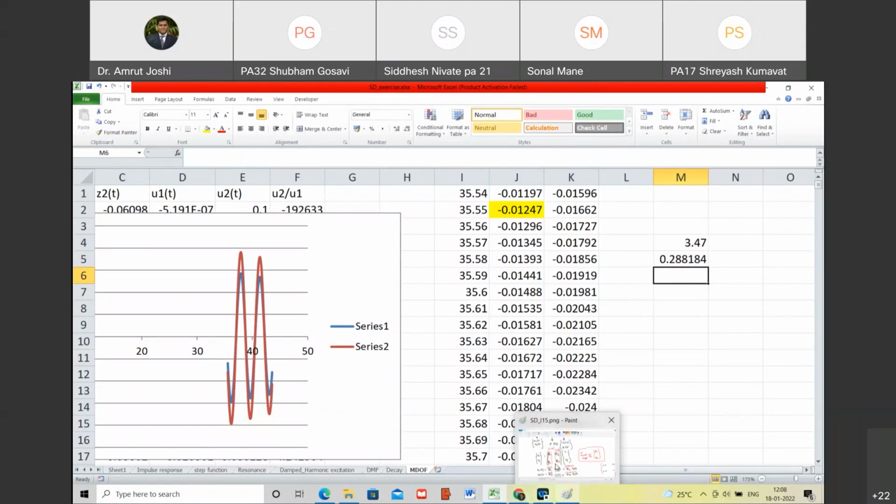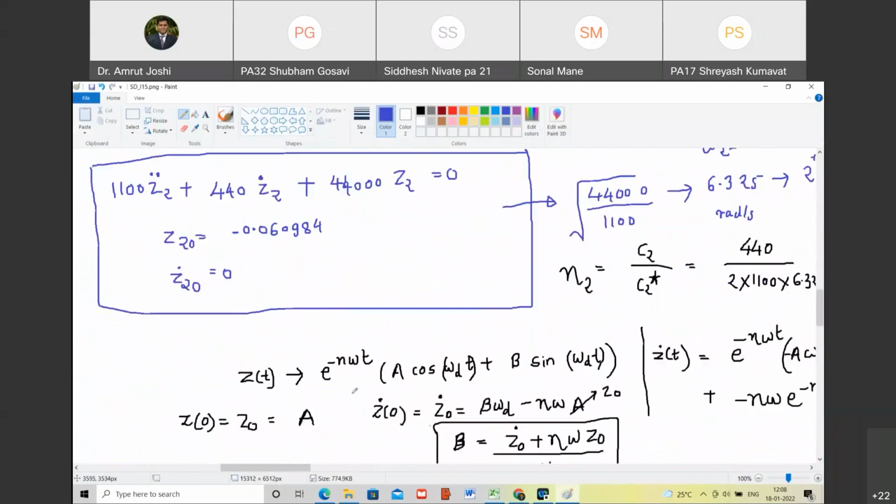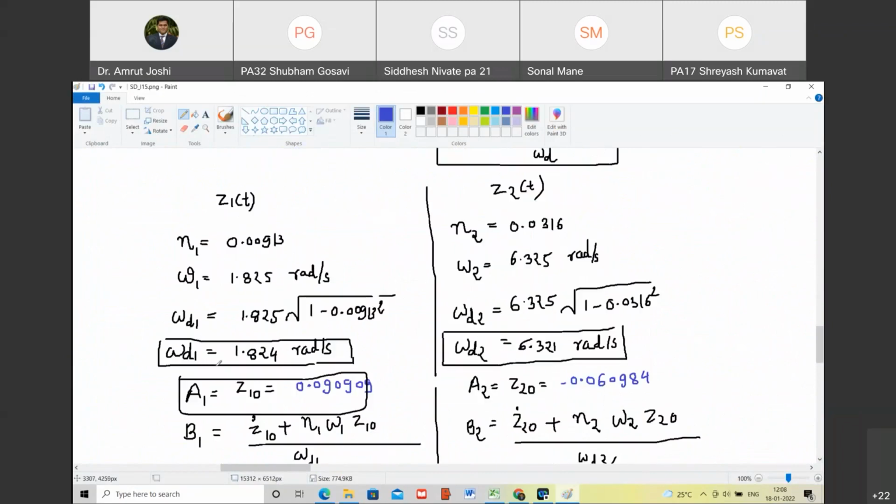Let us look at what is the frequency of Z1 of t. Z1 of t oscillates at omega d, omega d1. So what is omega d1? It is 1.824 radians per second. Are you with me? Yes, sir.